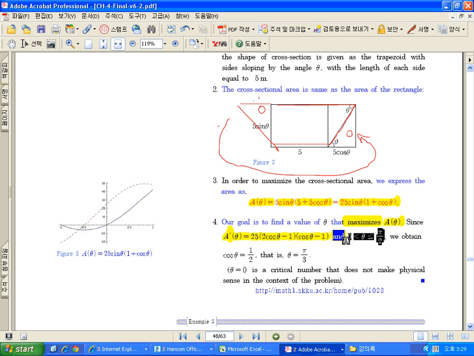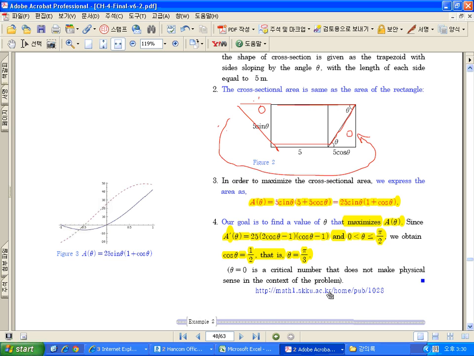But the domain is between 0 and pi over 2. So we have one meaningful critical point, which is theta equal to pi over 3. That's cosine theta equal to 1/2, which makes this 0. That's the solution of the first derivative. So if we take theta as pi over 3, then the area of this waterway will be maximized.